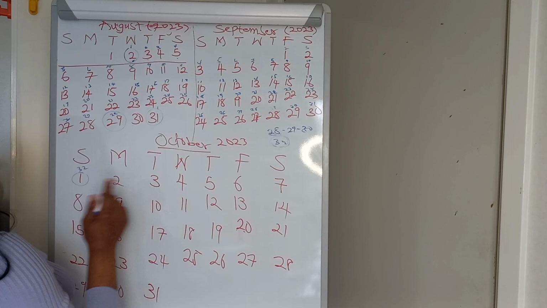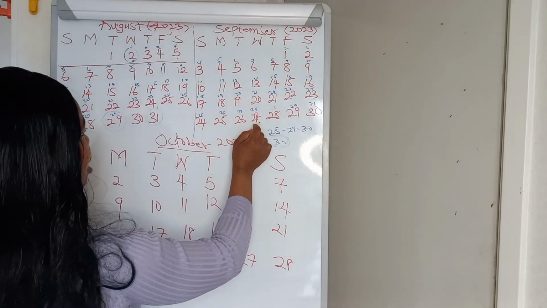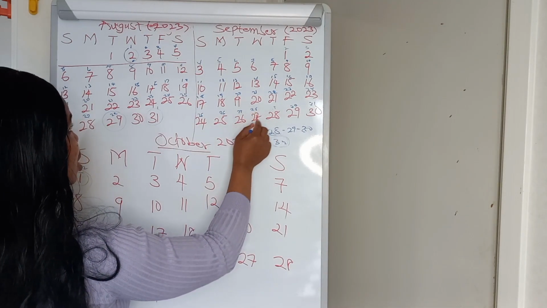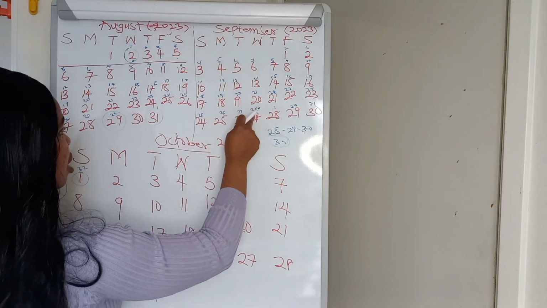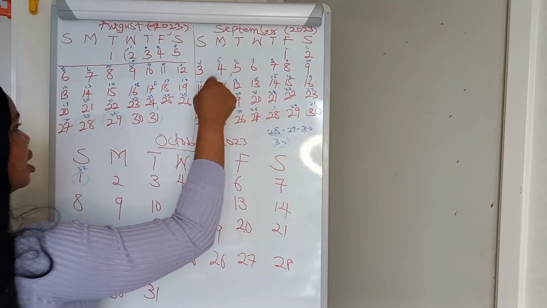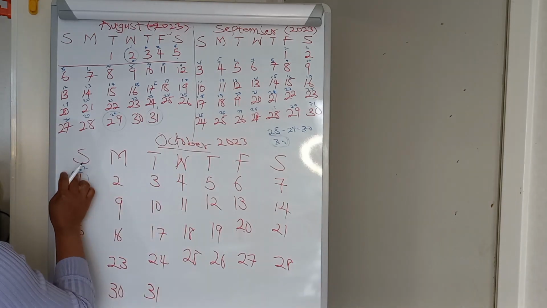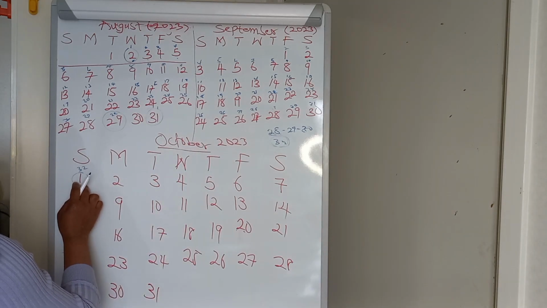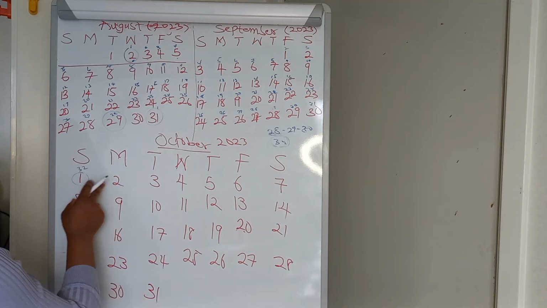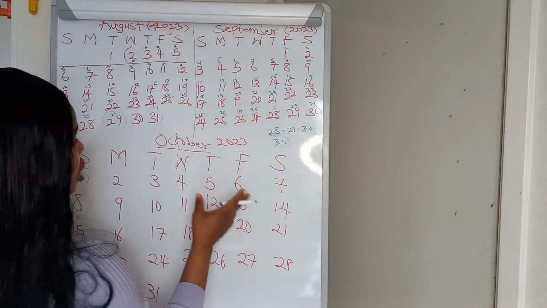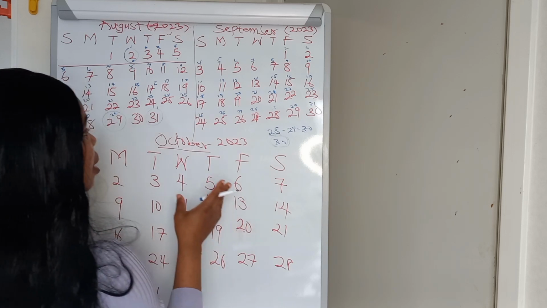But assuming it's 28 days, then you should be expecting it on this day, which is the 27th of September. But if your period length is not 28, then you should be expecting it on this date, which is the 1st of October. That is when you should be expecting your next period.